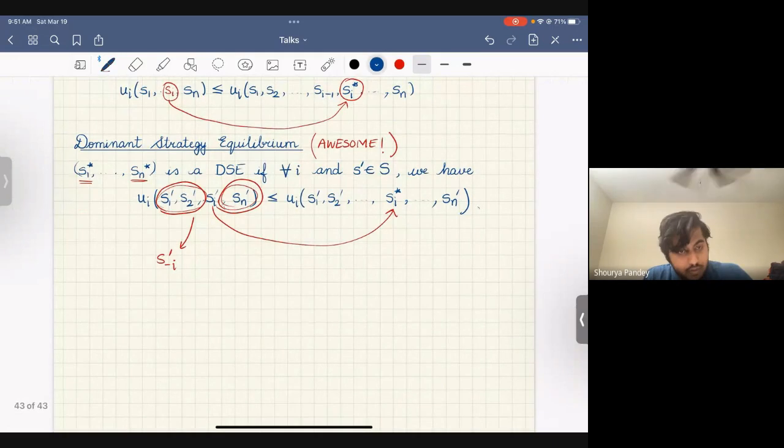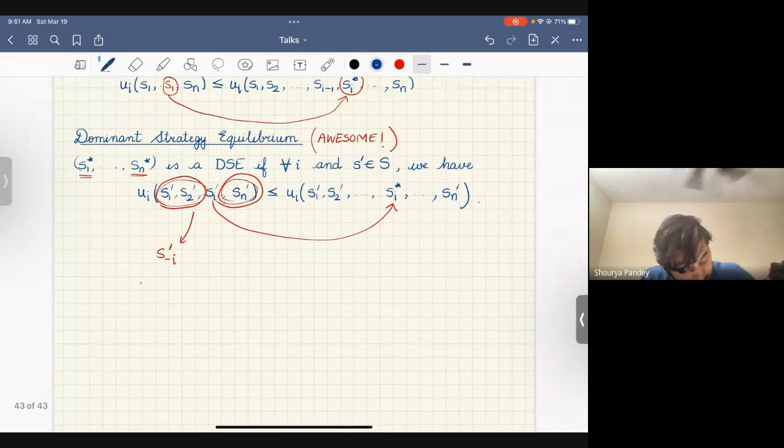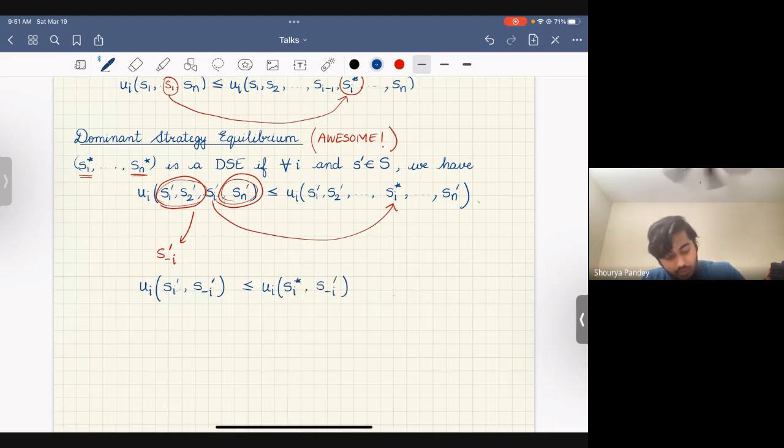So I'll just write this conveniently as Ui of Si prime and S minus i prime. It's convenient notation because then I can change this value without changing everything else. I'll just keep this the same for all.